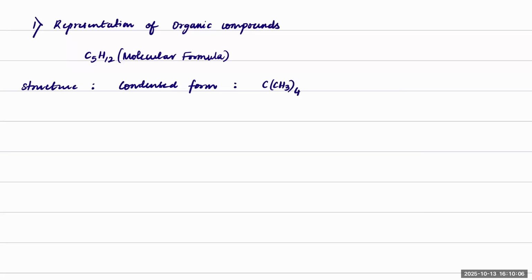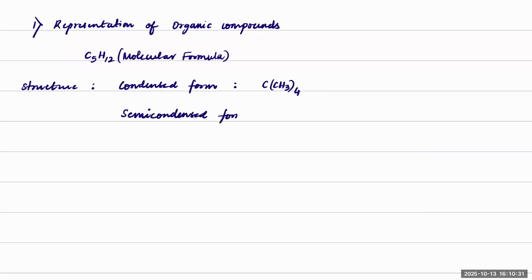This is called the condensed form. Here we are writing the information on how many carbons and hydrogens are present, and that is called the condensed form.